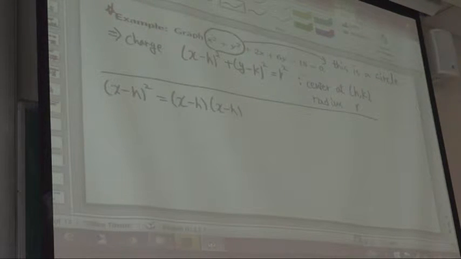Let's expand that. Distribute x to x and h, which is x squared minus xh, then distribute the negative h to x and negative h, which is another xh, and plus h squared. This is x squared minus 2hx plus h squared.